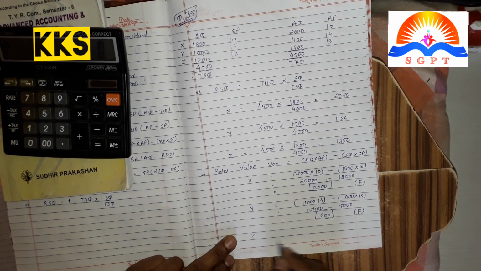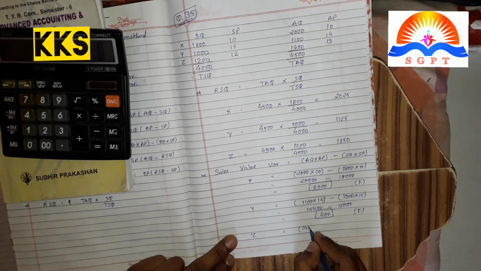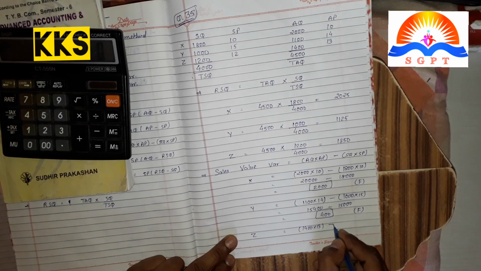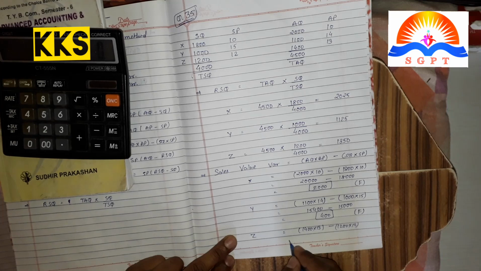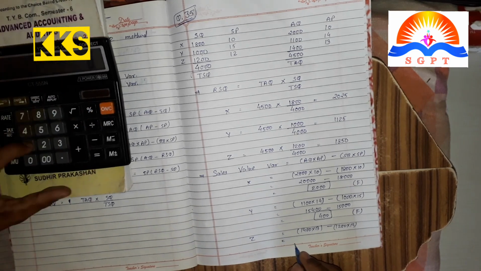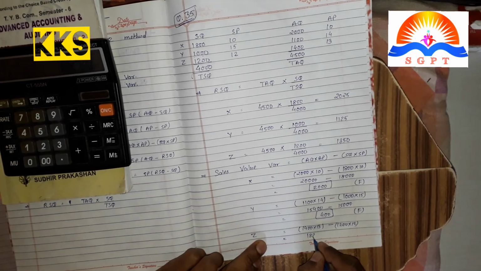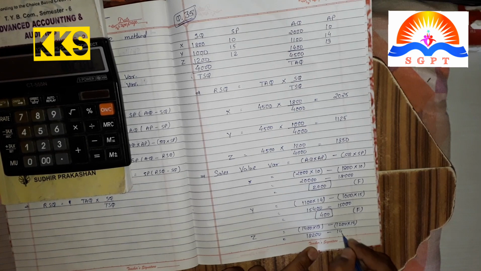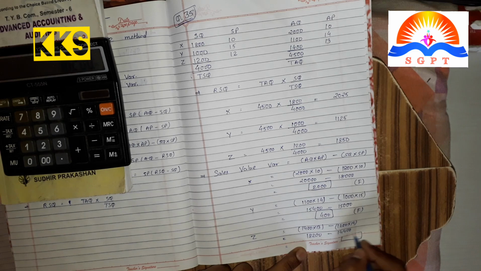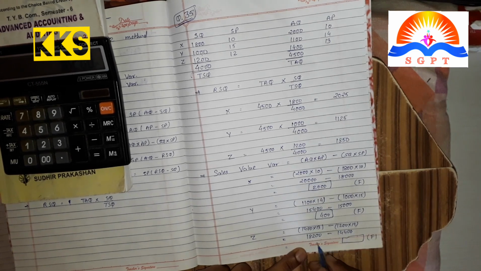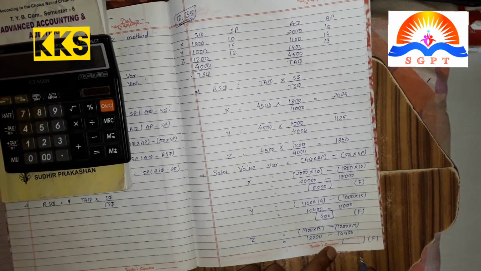Then product Z: 1400 into 13 minus 1200 into 12. 18,200 minus 14,400, you will get 3,800.